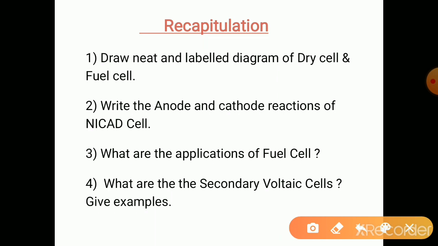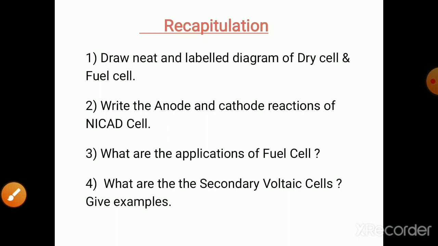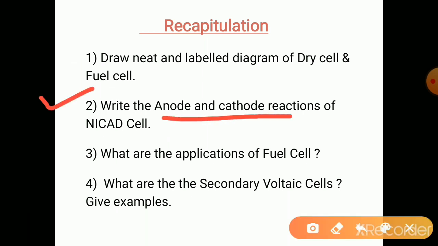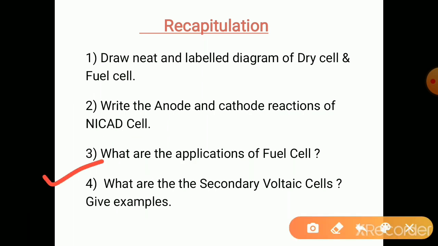Here are some questions. You need to write these in your notebook. Draw a neat labelled diagram of the dry cell and fuel cell. Write the anode and cathode reactions of the Nicad cell. What are the applications of the fuel cell? What are secondary voltaic cells?